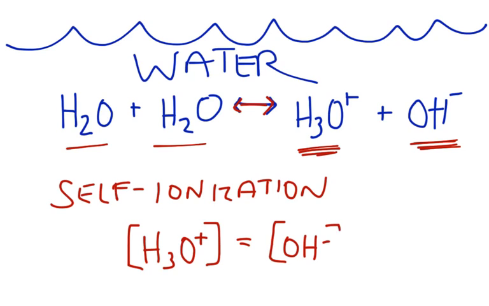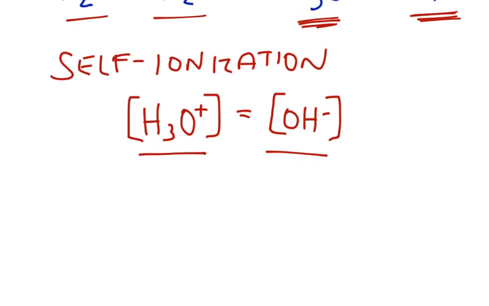When you see brackets like that, they usually refer to concentration. So if you have pure water, absolutely pure water, nothing else in it, it's not that you don't have any acid or any base, it's that you have equal amounts of acid and base. That's what makes it neutral. Equal amounts of acid and base make something neutral.